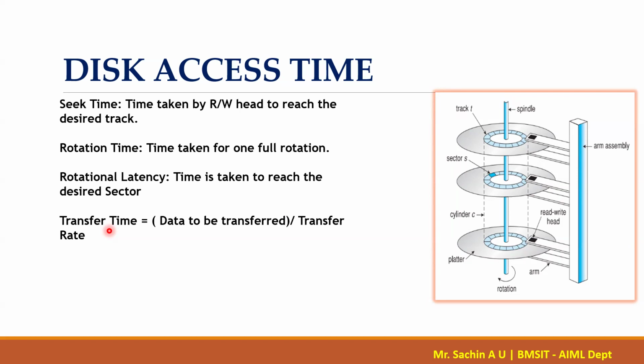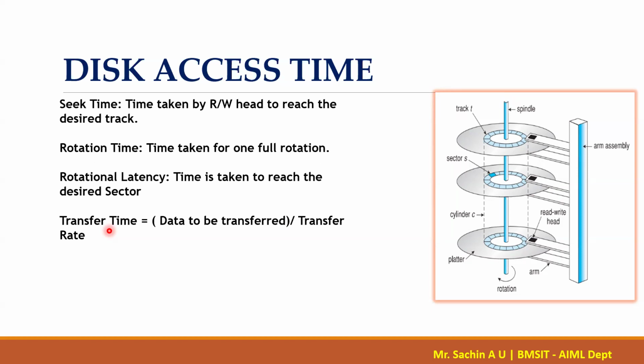To understand access time, we need to understand all these terminologies. If the question asks you to calculate the disk access time, the problem will give you the seek time, the rotation time, and the transfer time.